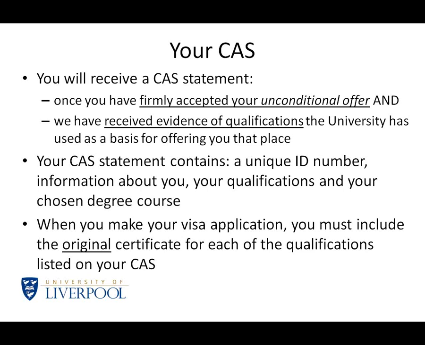It contains information about yourself, your qualifications, and your chosen degree course. When you make your visa application, you must include the original certificate as evidence of these qualifications that we've looked at as a basis of offering you that place. So you don't need to include any other certificates, just the qualifications that have been looked at in deciding to give you the place on that course.